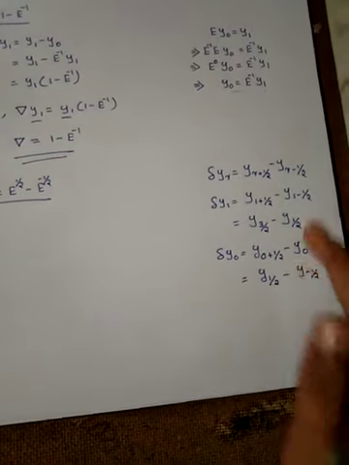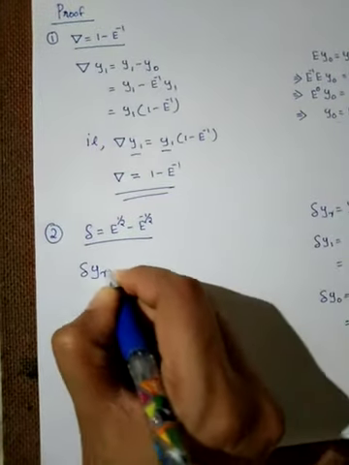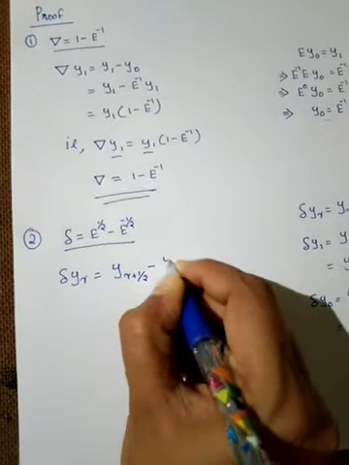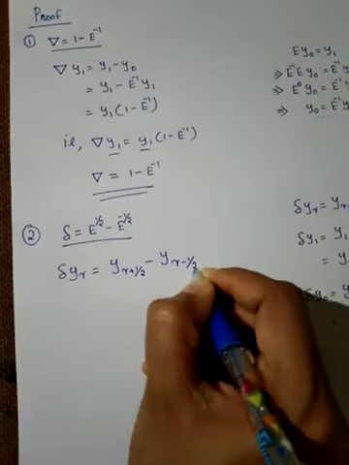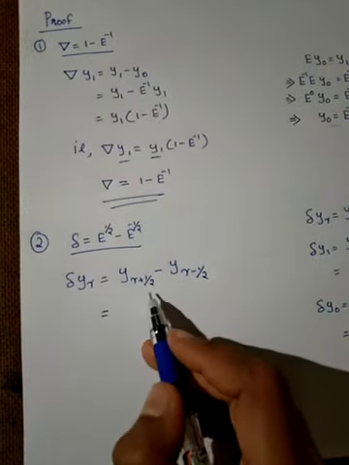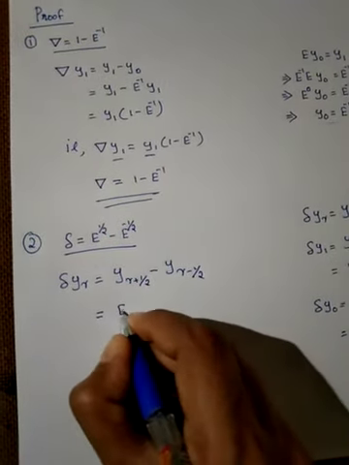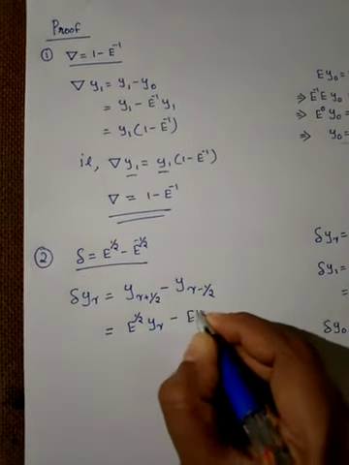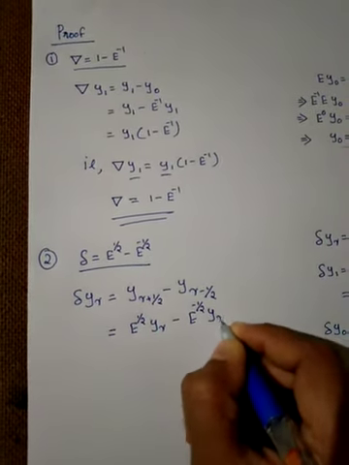Then using this definition, δyr equal to yr plus 1 by 2 minus yr minus 1 by 2. yr plus 1 by 2 equal to e raised to 1 by 2 yr, minus e raised to minus 1 by 2 yr.